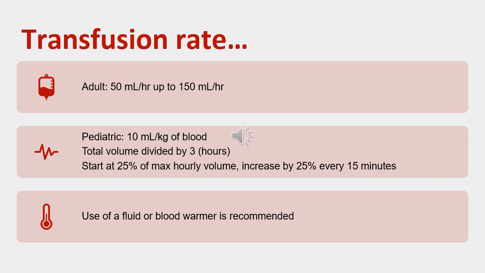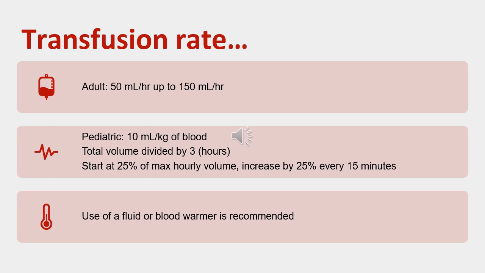So if your pediatric patient was 10 kilograms in weight, you would administer a 100 milliliter blood transfusion over 3 hours. That 100 milliliters divided by 3 would equal approximately 33 mL per hour.